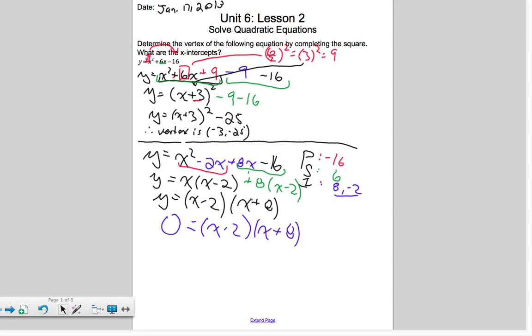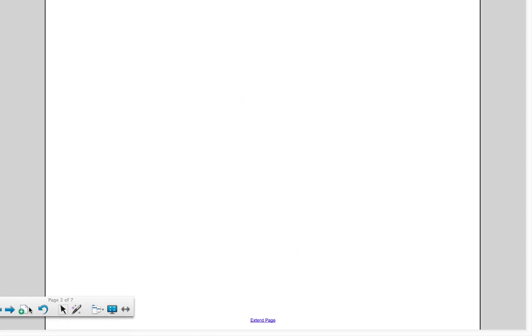Because the value of y is 0, it's very special. And this is why we're factoring: when we have a bunch of numbers multiplied together and the result is 0, if any of those numbers is 0, our answer is 0. So, let me ask you this.